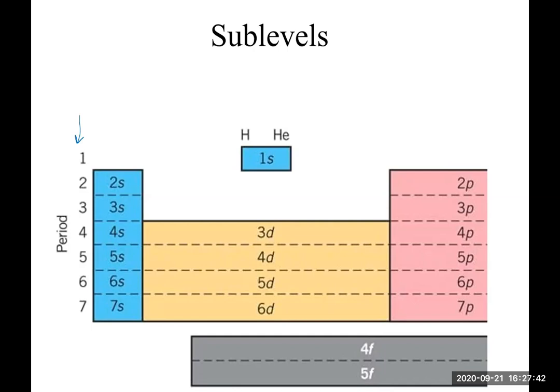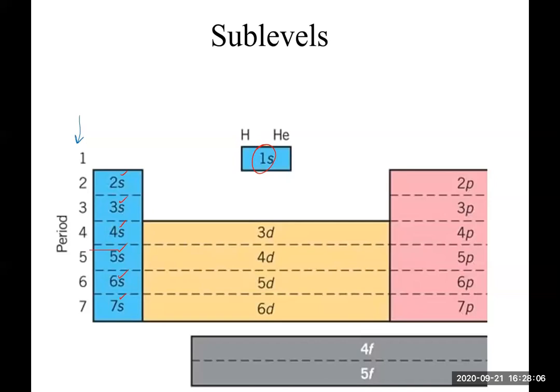You can see how the Aufbau diagram showed S, P, D, and F. And remember that S started at 1. And here they're showing you S starts at 1, then goes to 2, then 3, 4, 5, 6, 7.